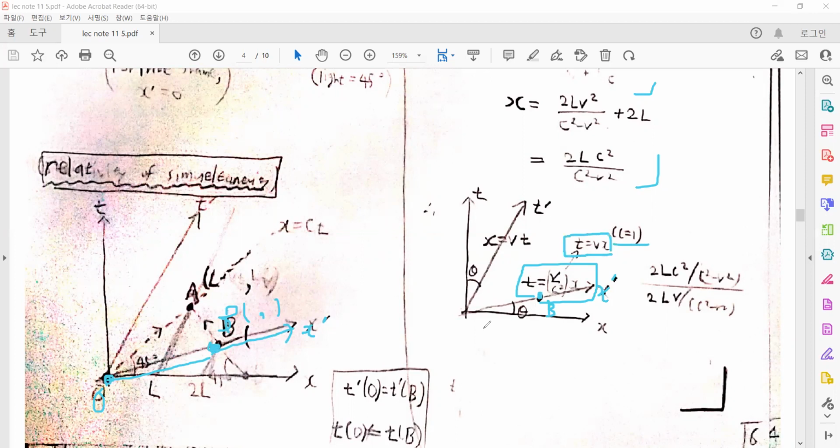And similarly, we can find the t prime axis, that is just x equal to vt from the classical regime of the Galilean transformation. So from that, there is symmetry between the space axis and the time axis with moving frames. So x equal to vt and t equal to vx, where I set c equal to 1.